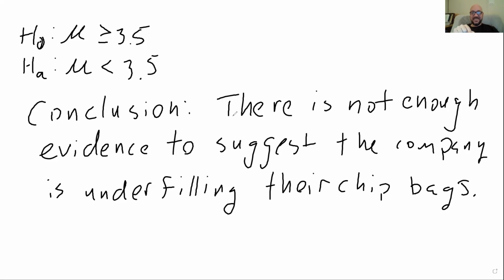What we want to say is, standard statistical hedging language, we don't have enough evidence to suggest they're underfilling their bags. They could be, but we didn't see it, right? We don't have enough evidence to suggest that the company is underfilling their chip bags. It's the simplest way you can put this, and that would be logically correct.